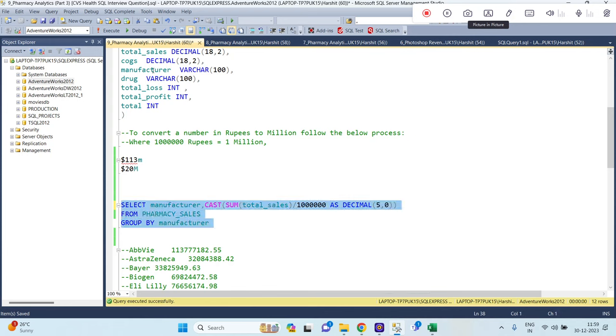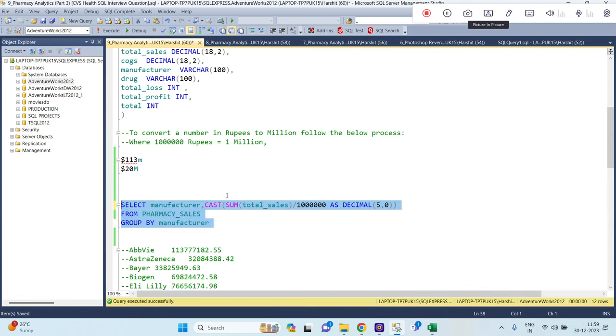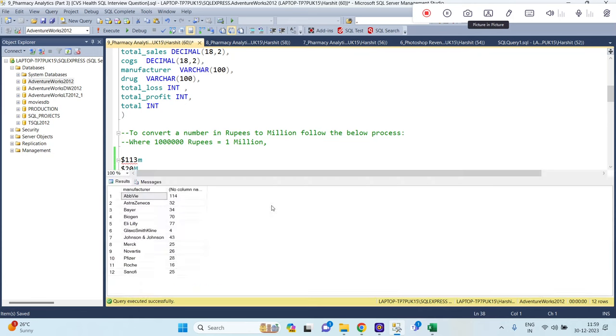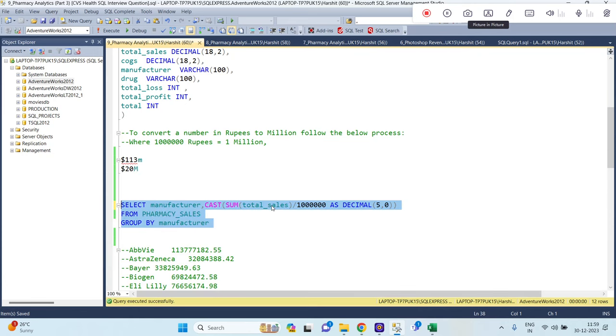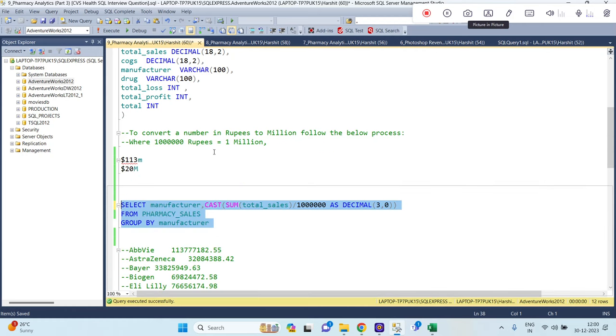Now let me execute. Okay, why is it giving rounding? It is actually rounding, and I don't want rounding.